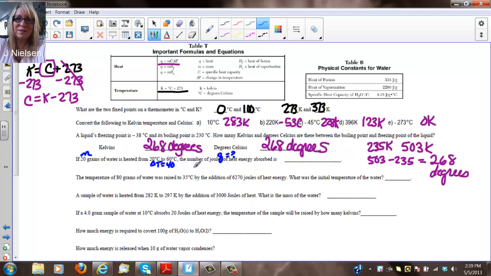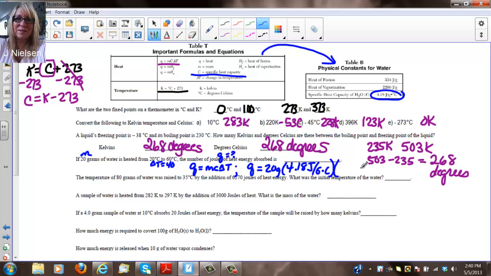So using the formula, Q equals mc delta T, because I have a change in T, I get Q equal to the mass, which is 20 grams, times C. C is the specific heat capacity of water, which they tell you right here. But then you have to know to flip all the way to the front of your reference table to find Table B and the specific heat capacity of water, 4.18 joules per gram degree Celsius.